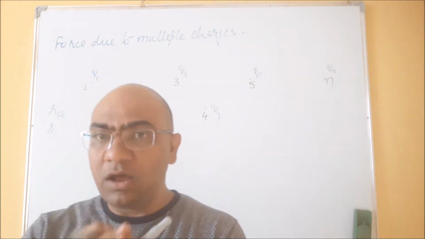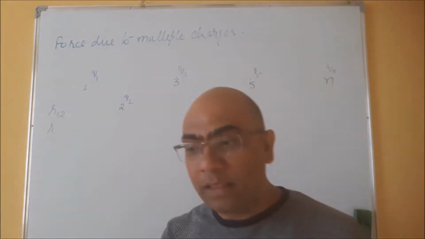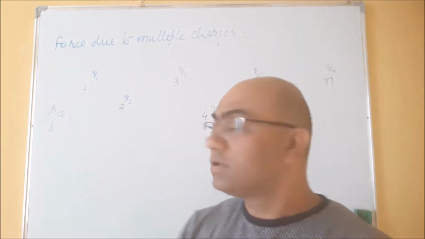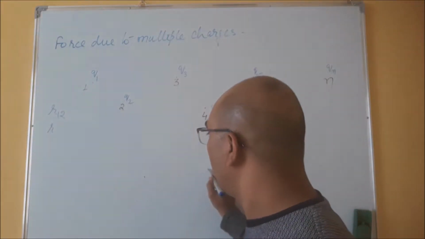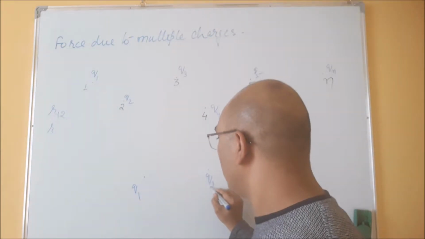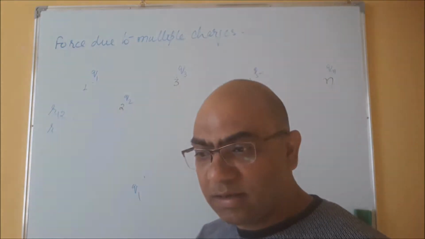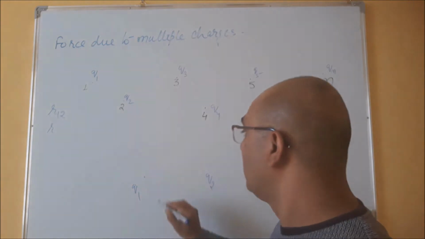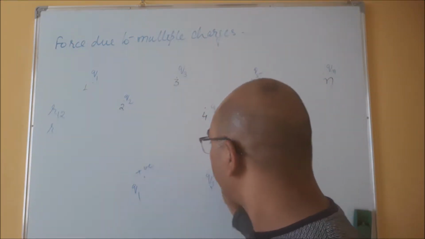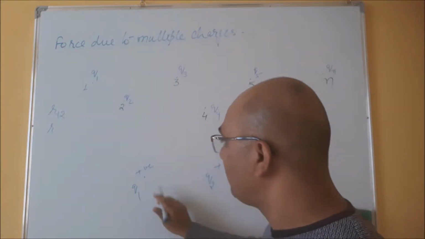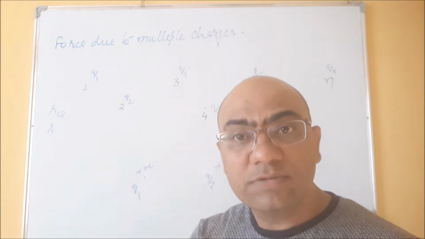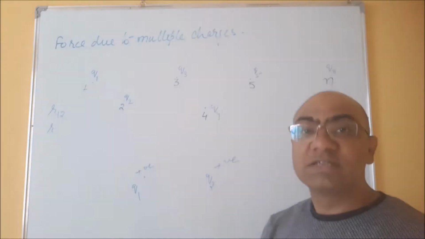First, let us see the case of only two charged particles. Suppose this is q1, this is q2, and both charged particles are positive in nature. They will experience a force, and this force will be of repulsive type.